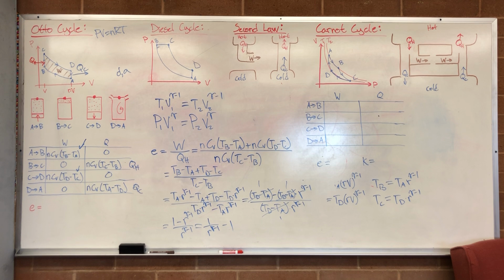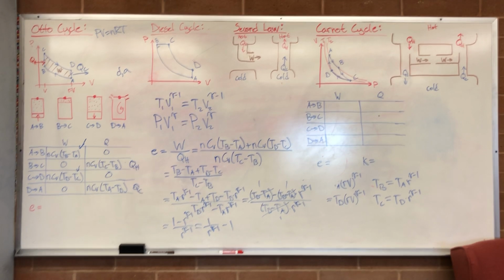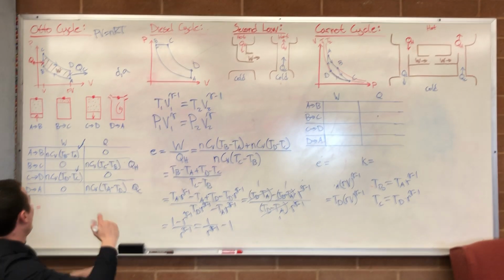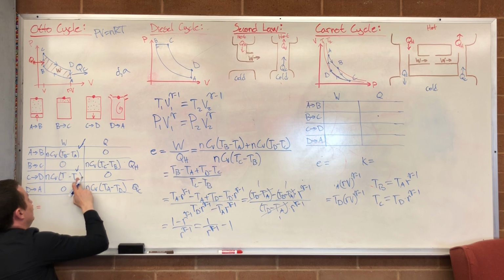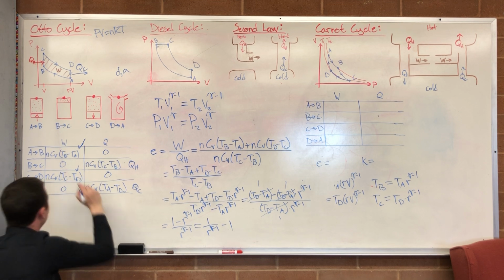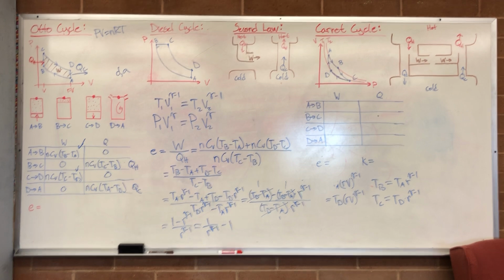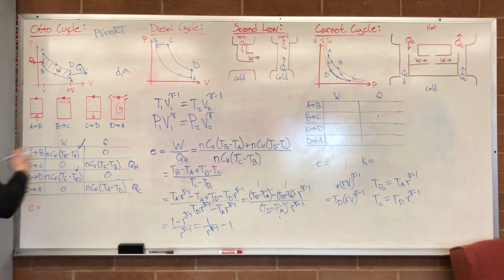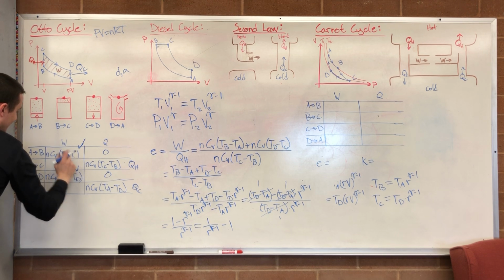So from C to D, our work is TC minus TD. Our work in an adiabatic process is the initial temperature minus the final, not the final minus the initial. So I had those in the wrong order, and I have these in the wrong order.